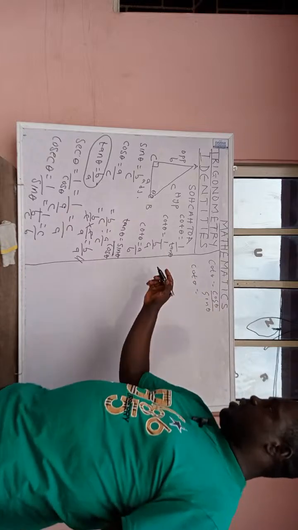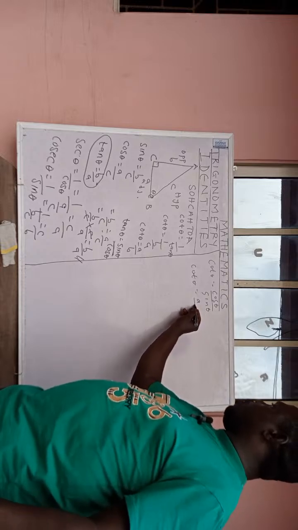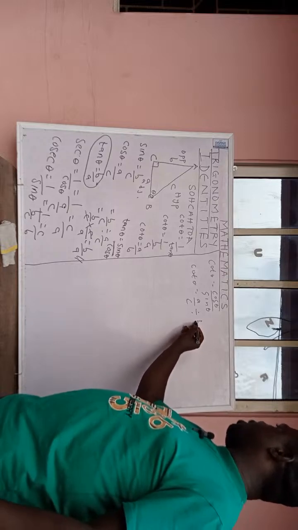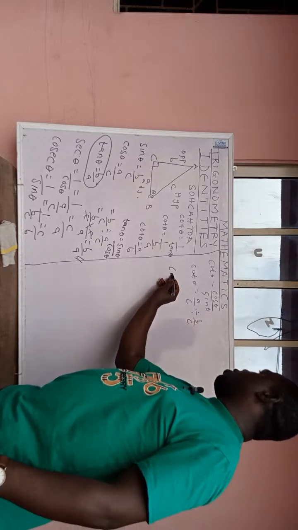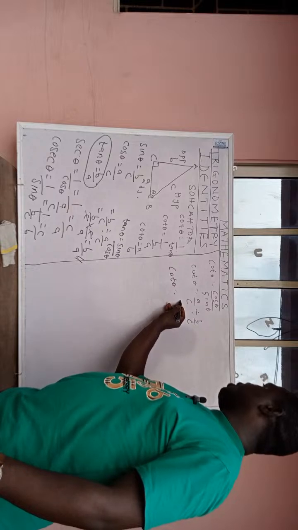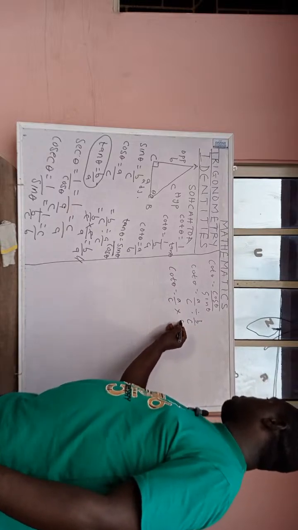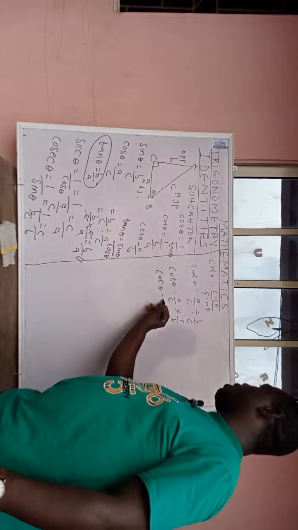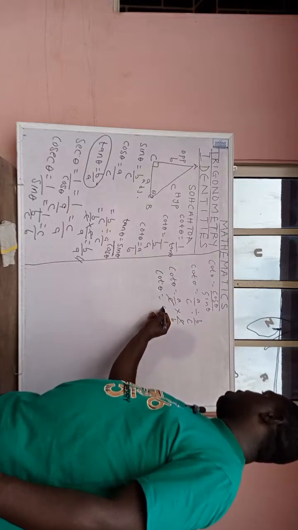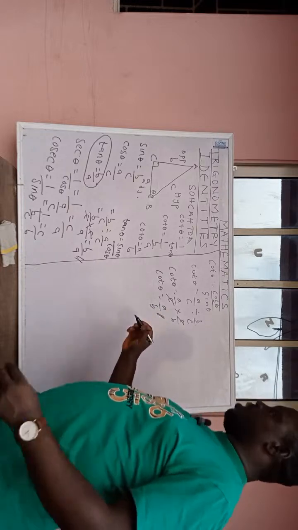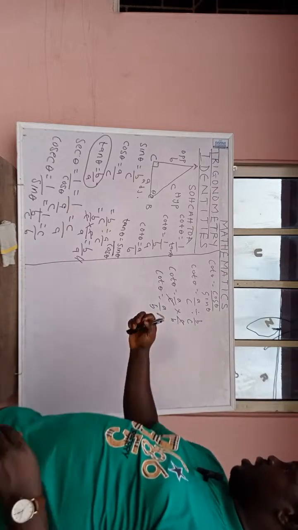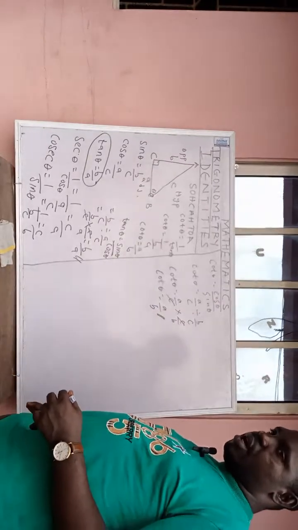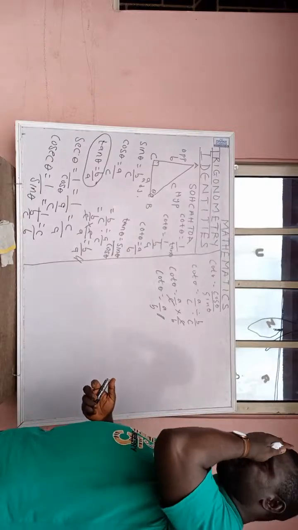Cos theta is A over C, divided by sin theta, which is B over C. So my cot theta is A over C multiplied by C over B. Cancel the C, and cot theta is A over B. And that's exactly what we have here. I'm sure that's very clear enough.